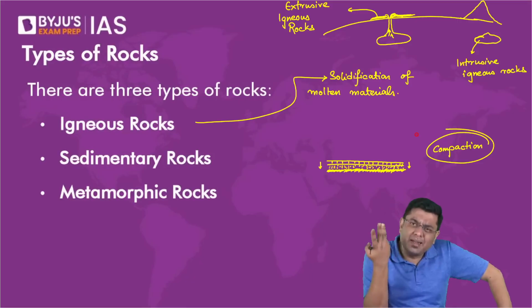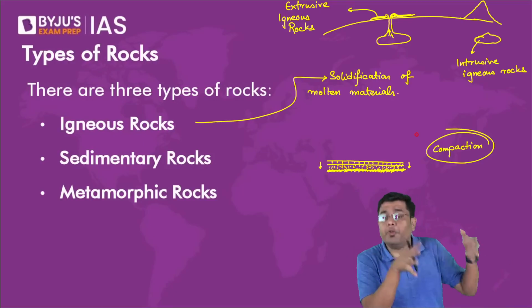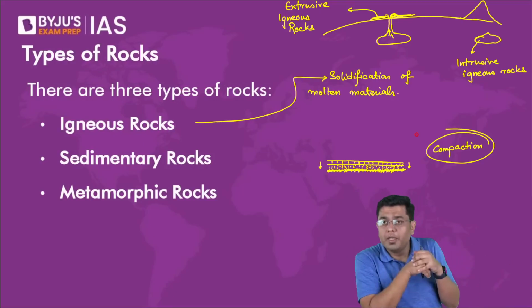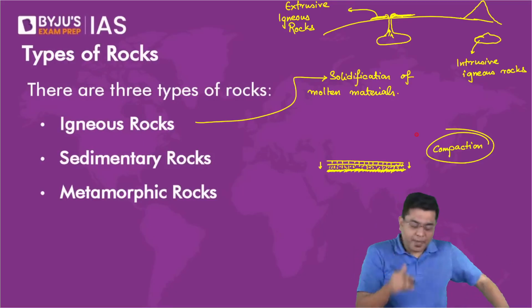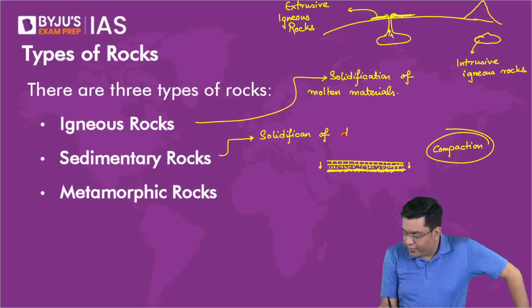It can get created by existing rock getting eroded, and those deposits forming another rock, or various different deposits combining together to form a sedimentary rock. So that is how they are created, by solidification of deposits.